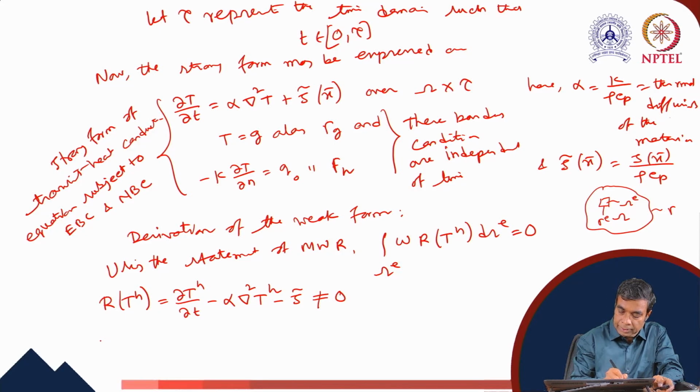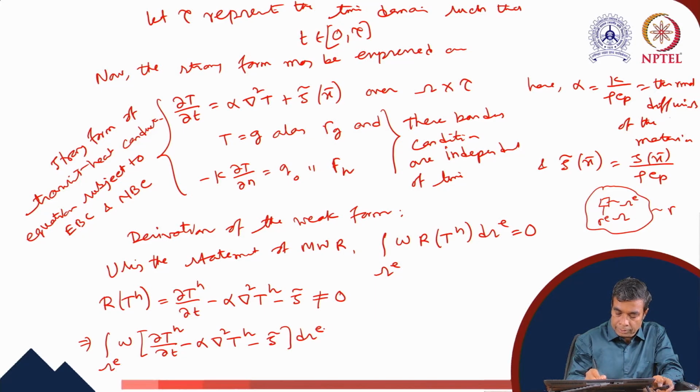Substituting this in the statement of MWR, we get integration over omega e w into del Th del t minus alpha del square Th minus S tilde d omega e equals 0.